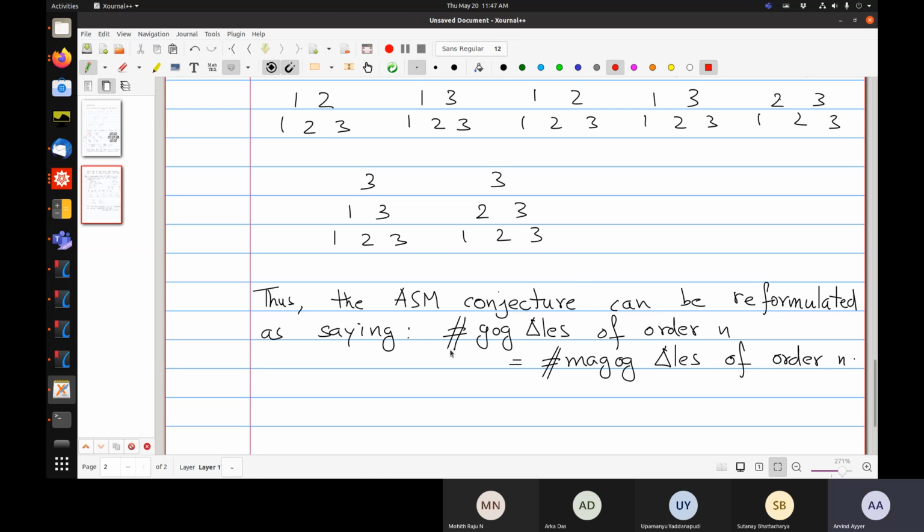Right, so this is the reformulation that Mills, Robbins, and Rumsey came up with.